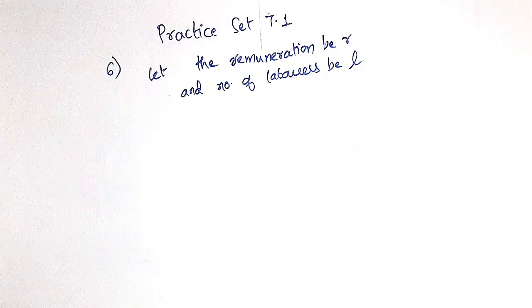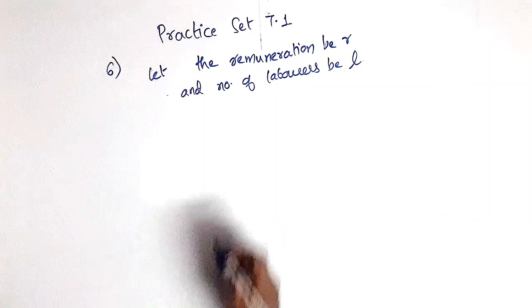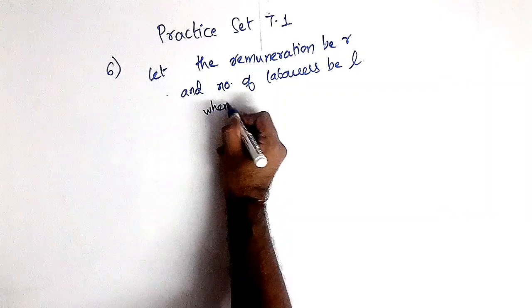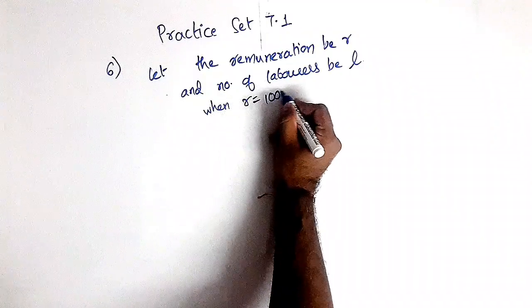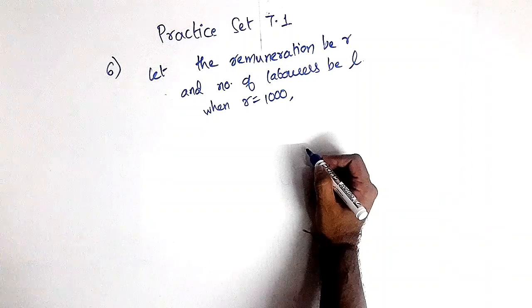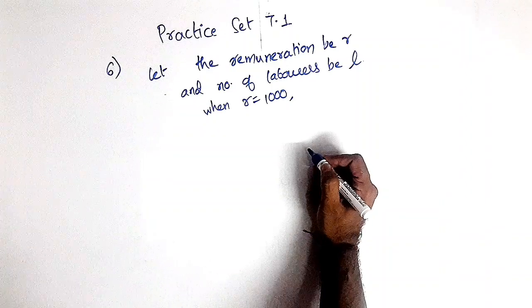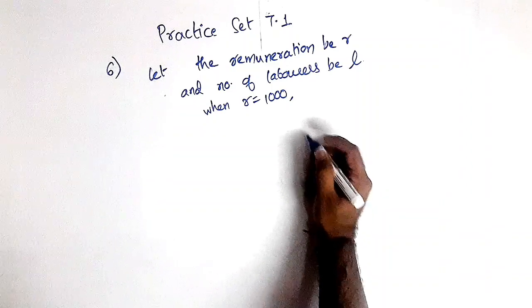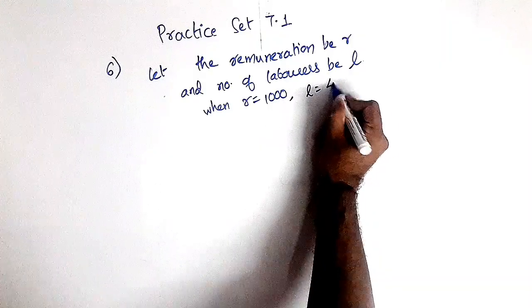So they have given that it is in direct variation. If the remuneration of 4 laborers is 1000, so it is given that when R is 1000, the number of laborers L is 4.